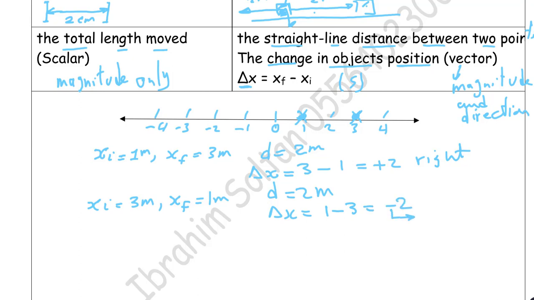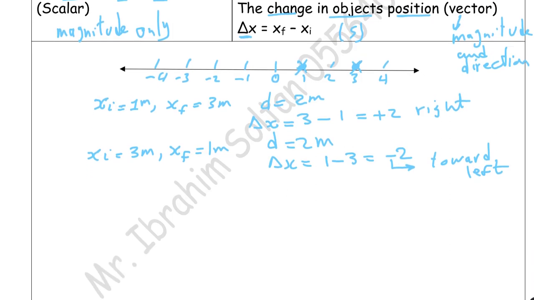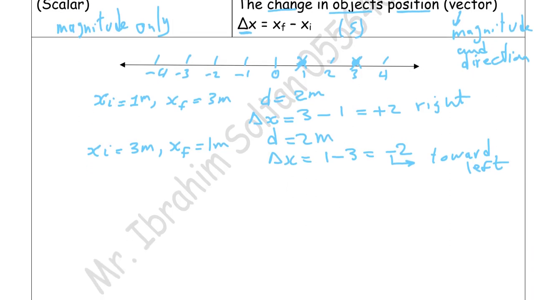Negative means toward the left. Okay, so if you don't change the direction of the motion, the distance is the same as the displacement. If you move in one direction, distance equals displacement.